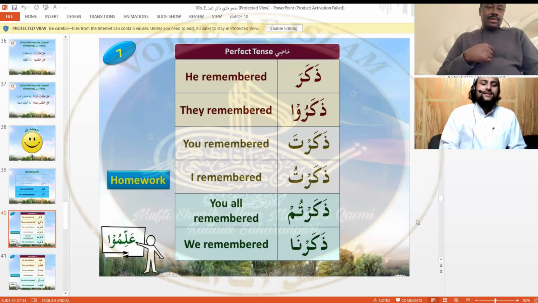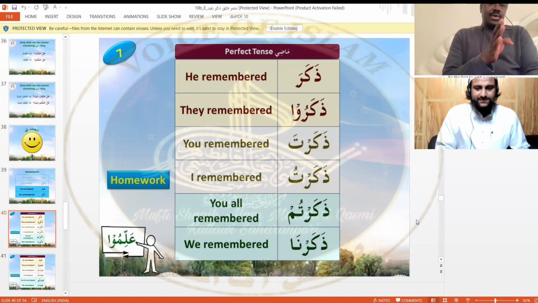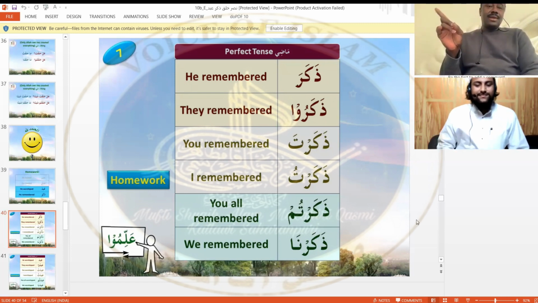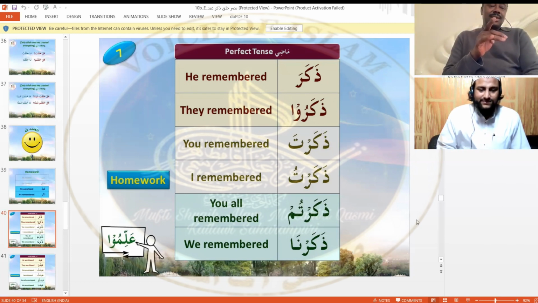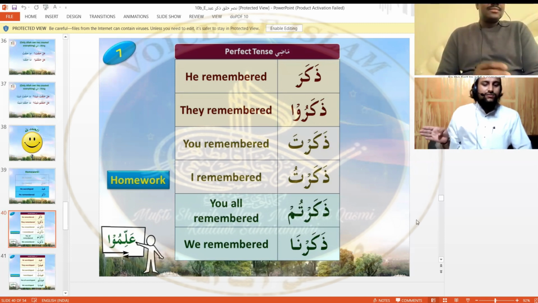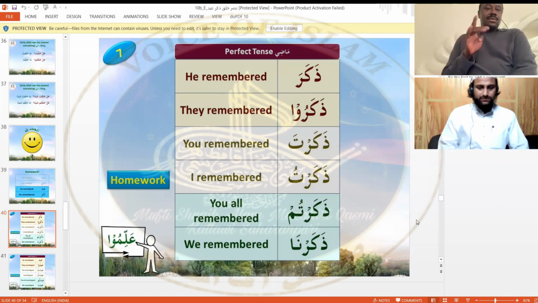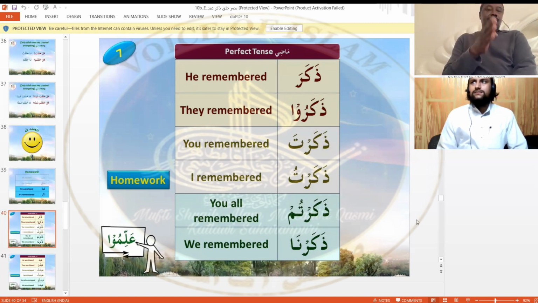Dhakartum, you all remembered. Dhakarna, we remembered. MashaAllah. So dhakara, dhakaru, dhakarta, dhakartu, dhakartum, dhakarna.